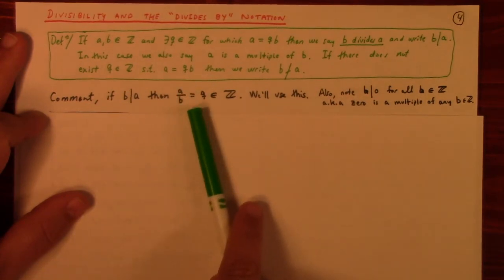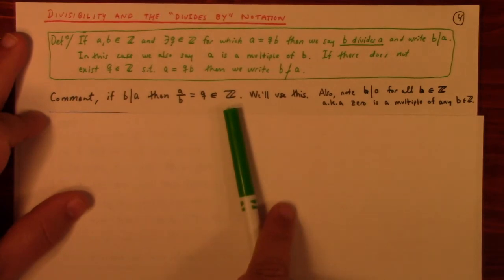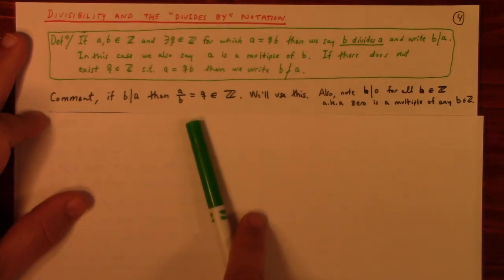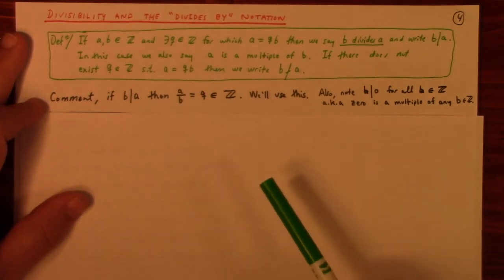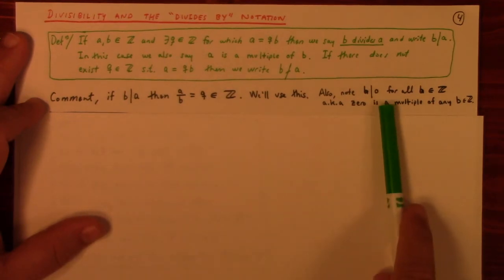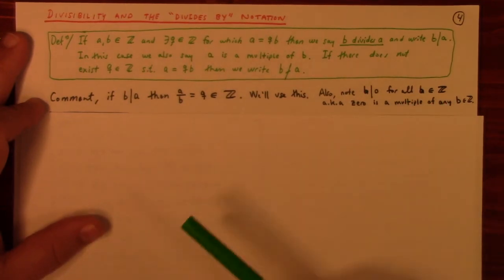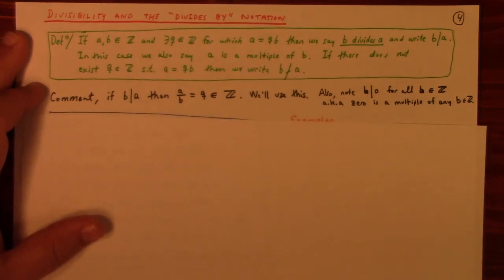Right? So a over b is actually equal to that q we just talked about, which is an integer. Usually, when you just take two numbers and you divide them, you're not going to get an integer, right? You're going to get a fraction, which can't be reduced to an integer. I should also mention that b divides 0 for all b. So 0 is a multiple of any integer. So sometimes we have to rule that out for different statements we make.